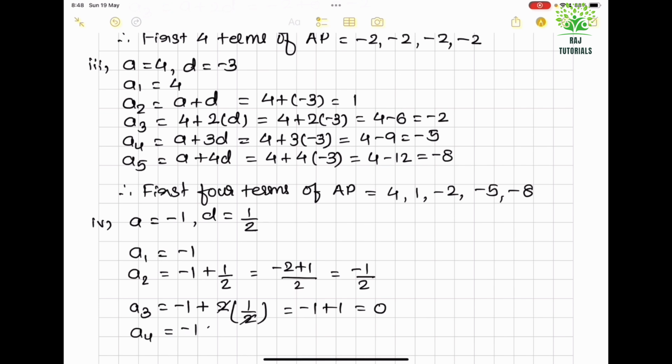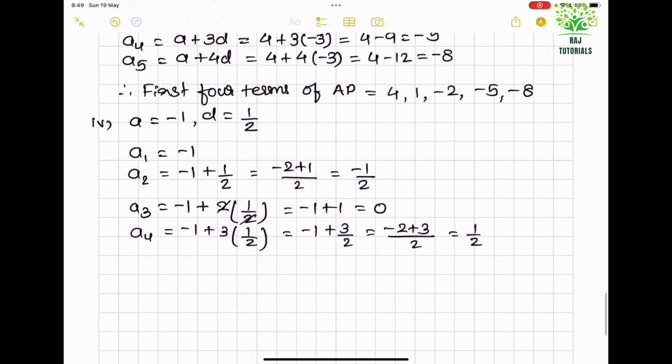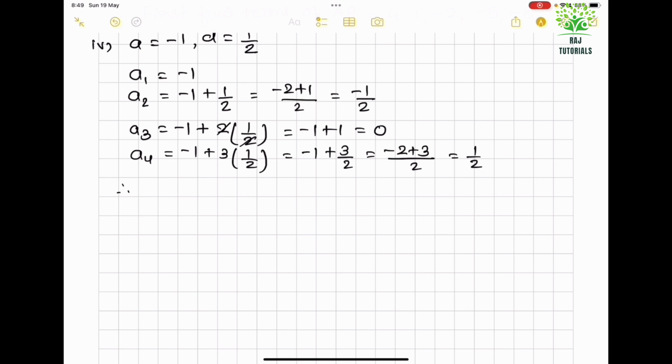A4 is minus 1 plus 3 into 1 by 2, so that is minus 1 plus 3 by 2, minus 2 plus 3 by 2, 1 by 2. So I can say therefore first four terms of AP are minus 1, minus half, 0, half, and so on.